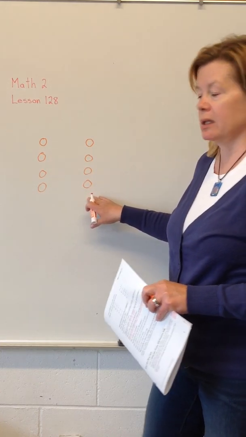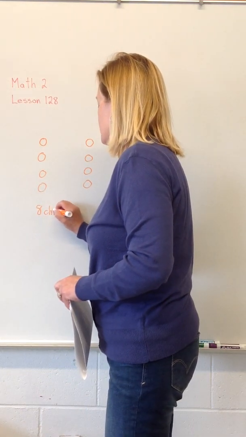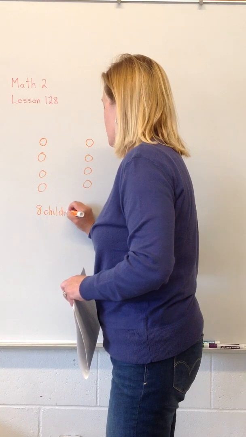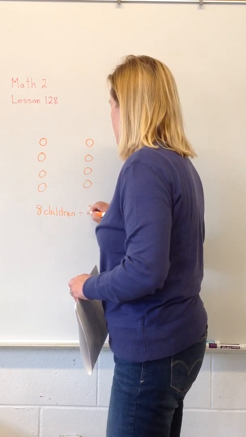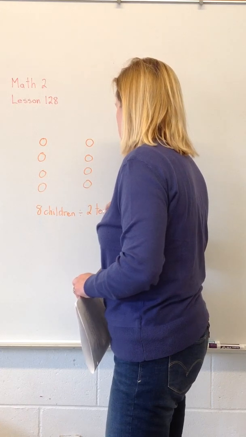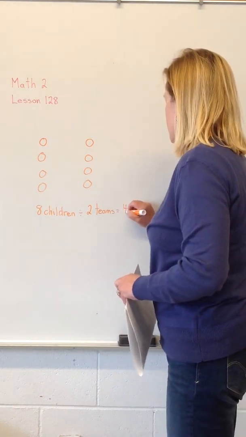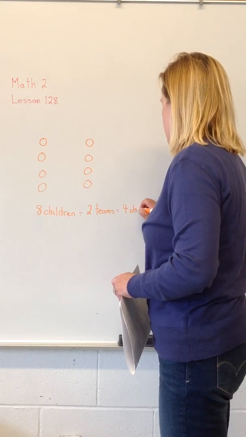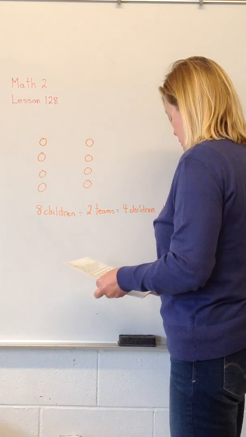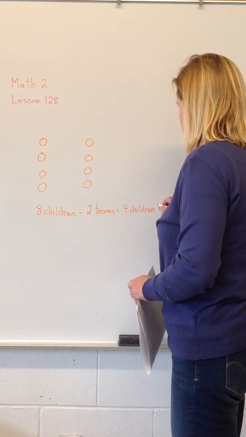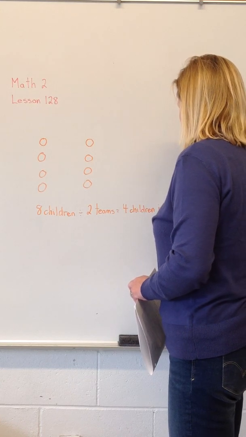And we would write it like this. 8 children. We're going to use the division symbol divided by 2 teams equals 4 children per team in each group, we'll call it.